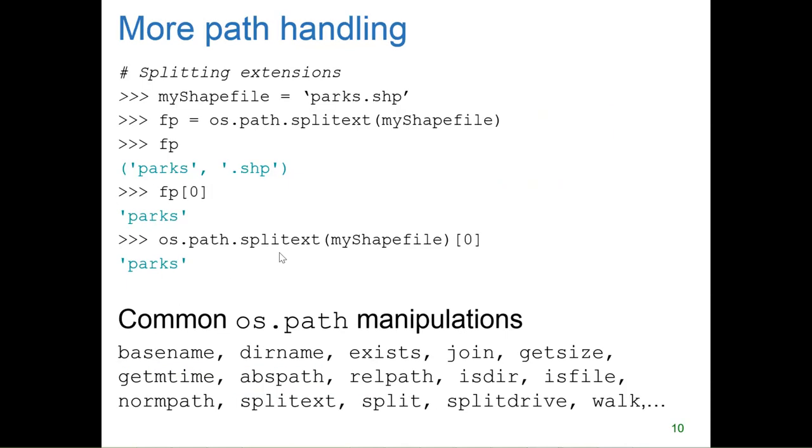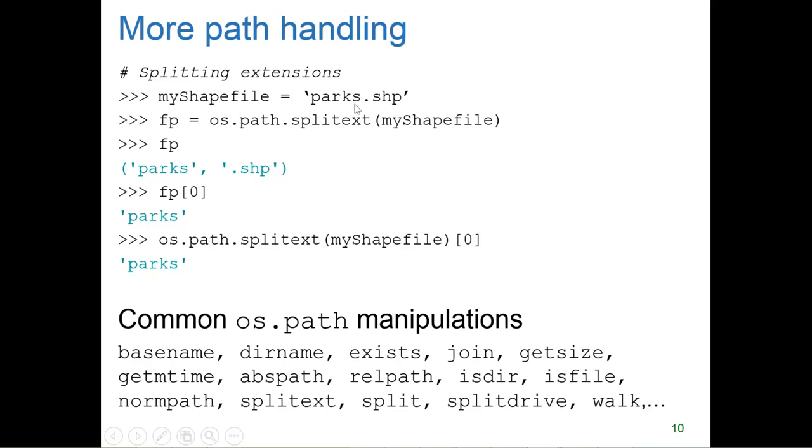Here are a couple more examples using an os.path method to take a path and split the extension off of it. You can use os.path.splitext. Why might you want to do this? The most common reason that we've seen is that you want to take the file name, say parks.shp, and add something to it.